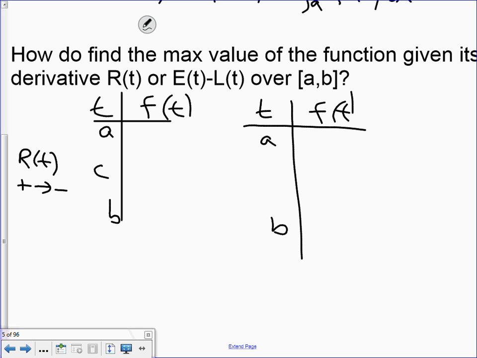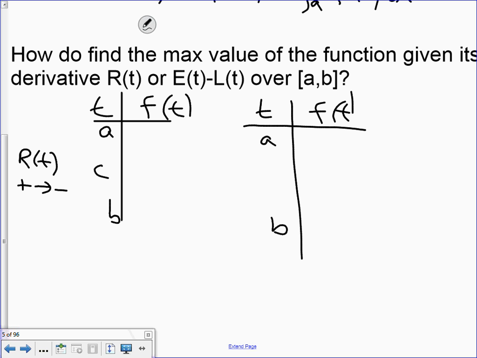Yeah, when it has its own max. When the rate, like you want to know when it's increasing the fastest, that would be when the rate is a maximum. So you would want to find when the r prime changes from positive to negative.